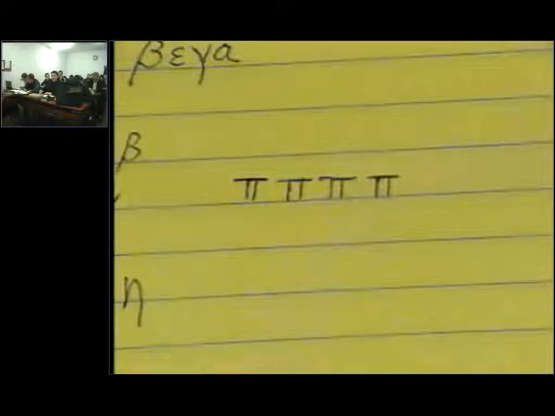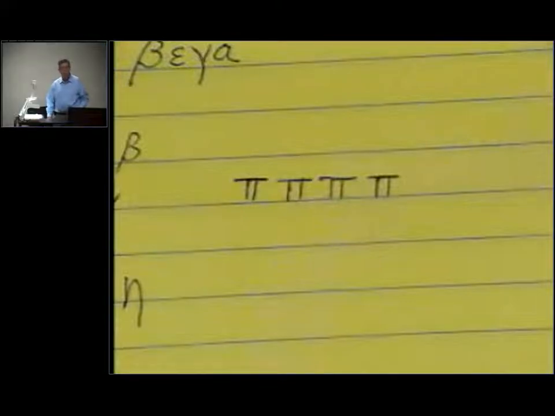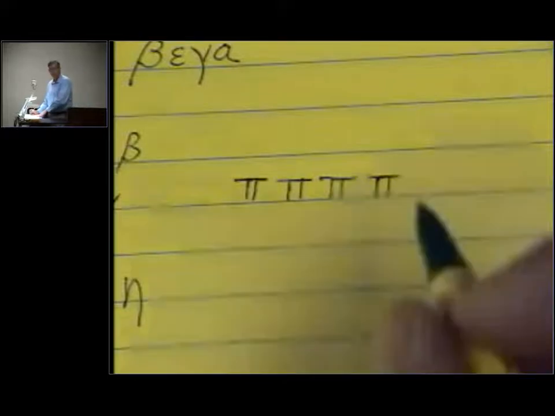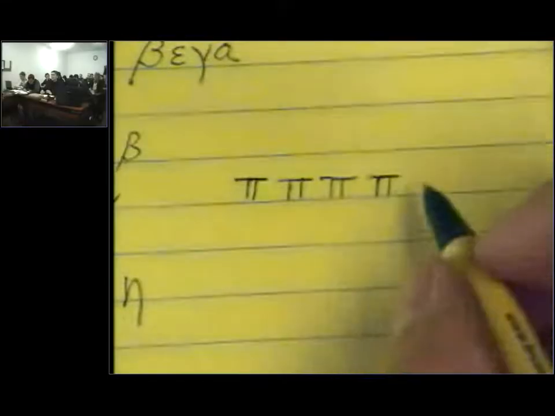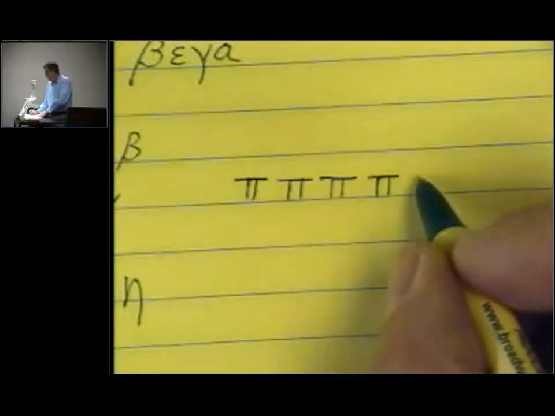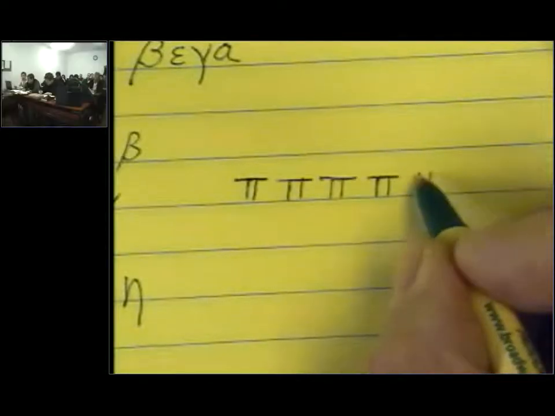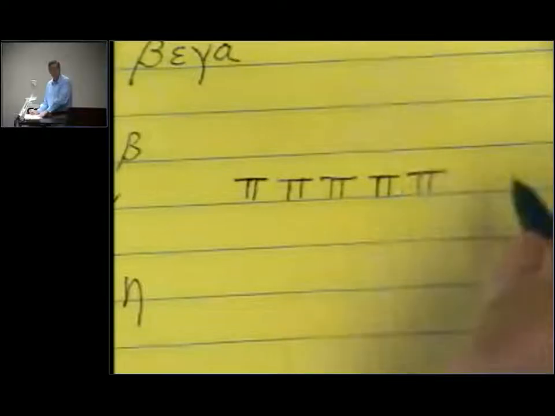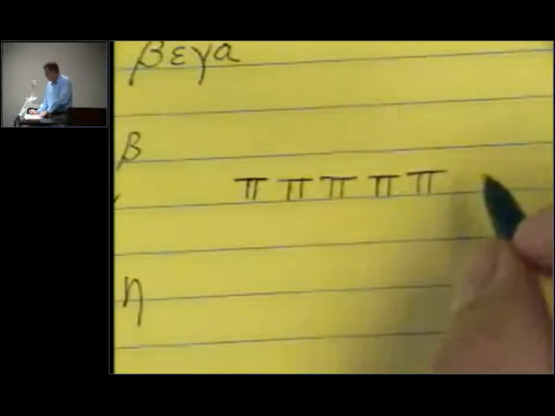When the missionaries Cyril and Methodius took the gospel to the Gothic people, the Goths did not have an alphabet. And so they taught them the Greek alphabet. They made an alphabet for them.